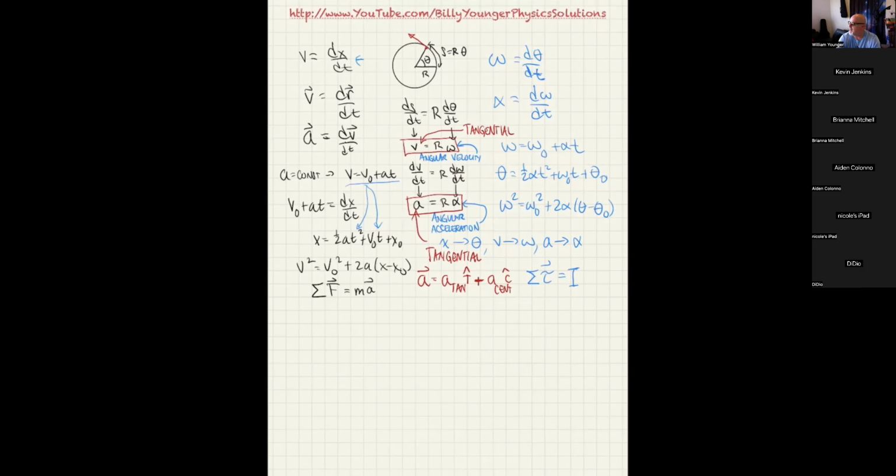So you already see that the rotation rate depends not only on the mass, but also on how far it is from the center of rotation. So we end up writing I times alpha.